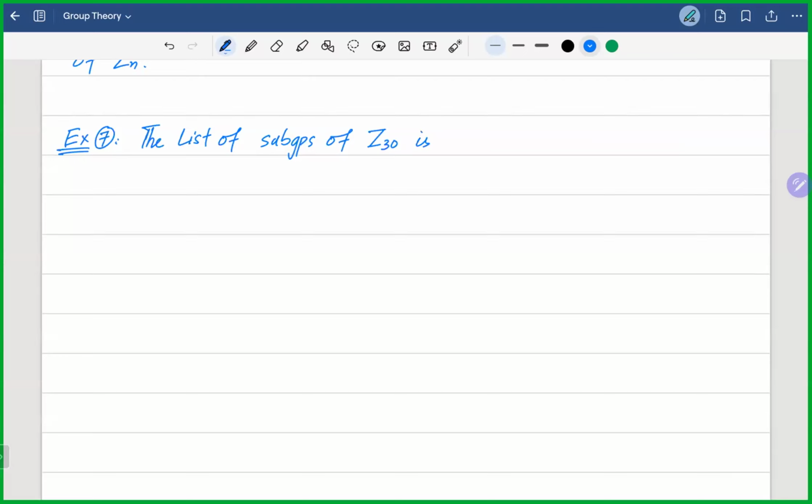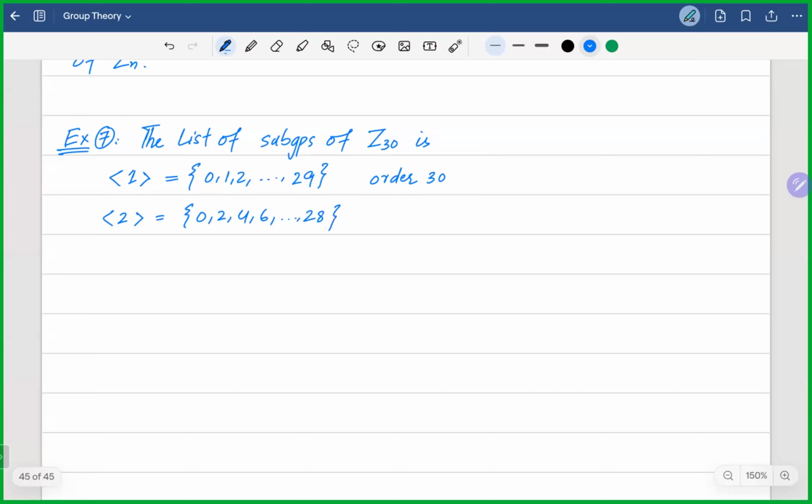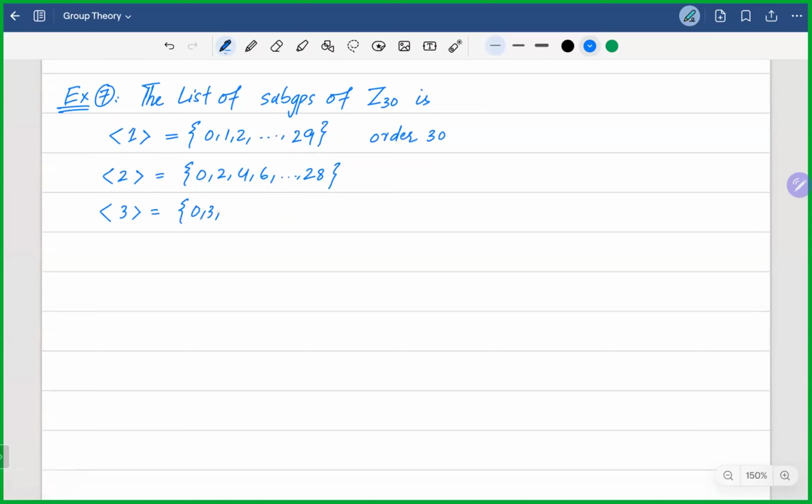We know the divisors of 30, so the list is: 1, which is 0, 1, 2, up to 29, order 30; 2, which is 0, 2, 4, 6, up to 28; 3, which is 0, 3, 6, 9, up to 27.